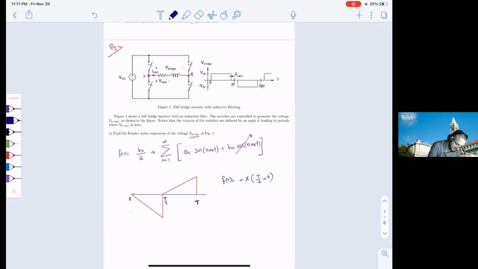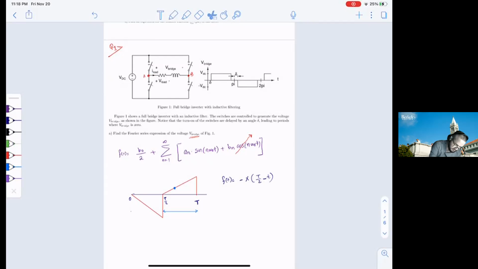So let's say we pick a point. Basically, this is half a wave.